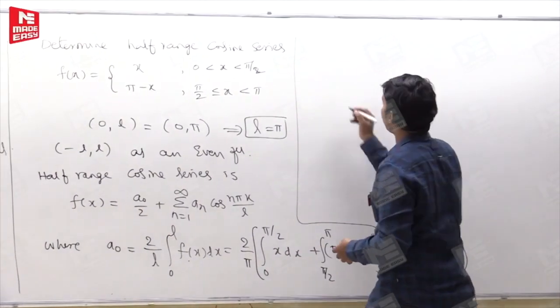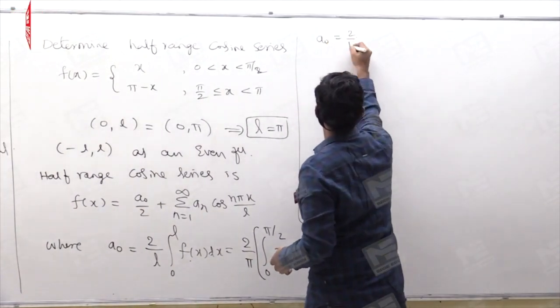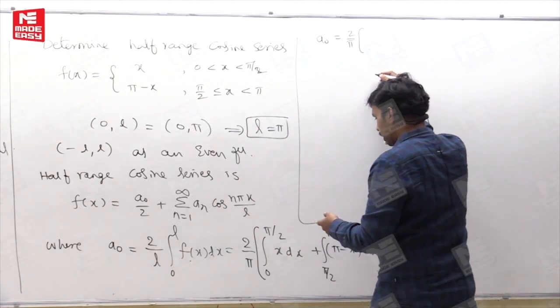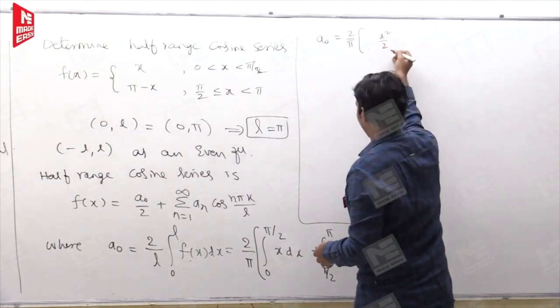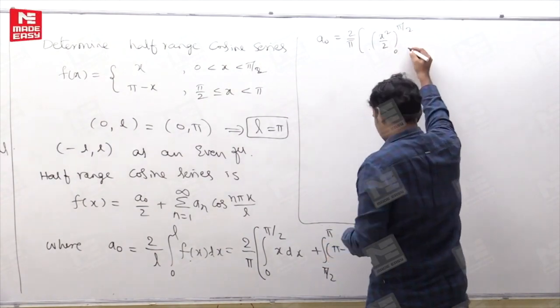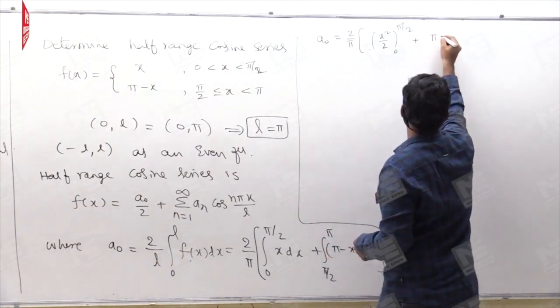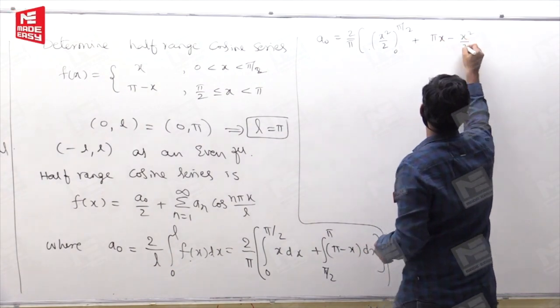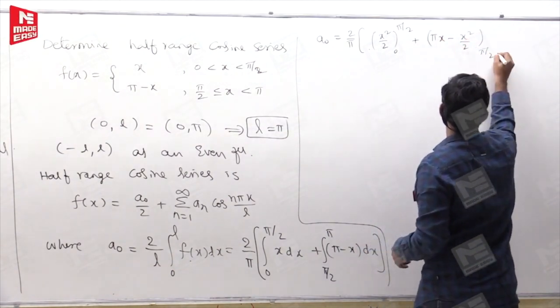Now let's integrate this. a naught is equal to 2 by pi times x square by 2 from 0 to pi by 2, plus pi x minus x square by 2 from pi by 2 to pi.